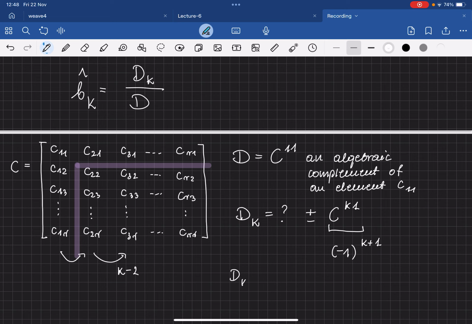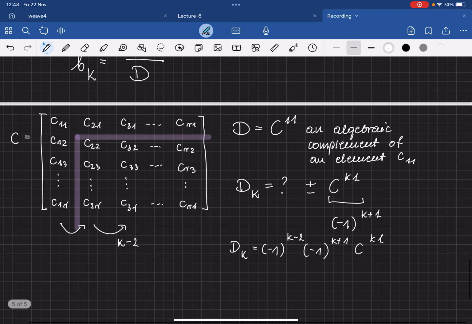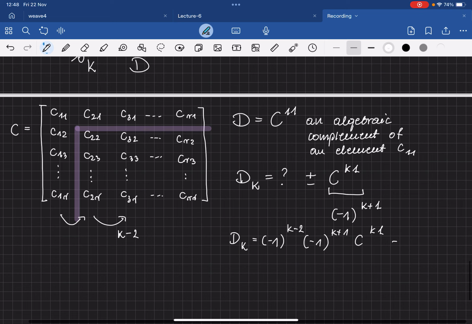Finally, Dk is minus 1 to the power k minus 2, then minus 1 to the power k plus 1 to cancel the internal sign of the algebraic complement. Finally, this is just minus Ck1.